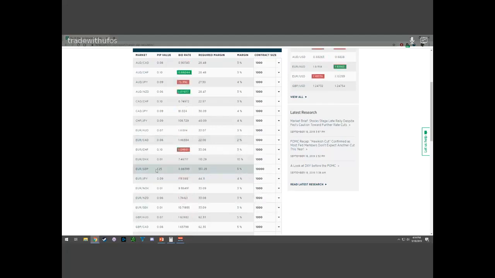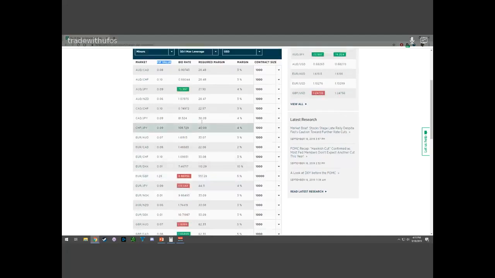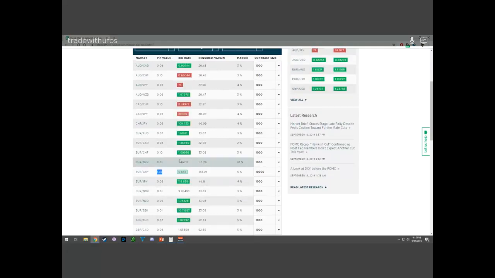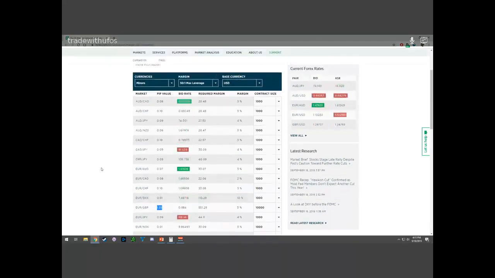And there we go. $1.25 per pip in our account will be in that increment in the Forex, okay? So you can do this with any lot size and any currency, and it will give you the value of a pip in whatever account currency that you're using, okay?